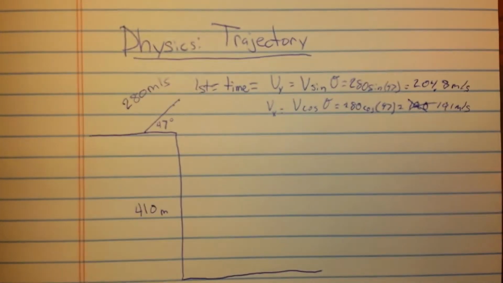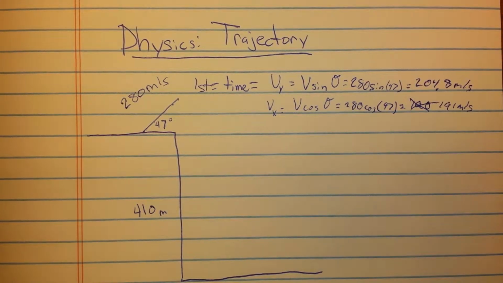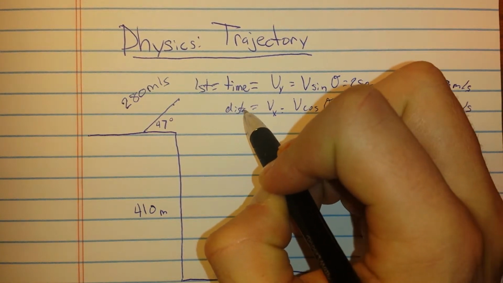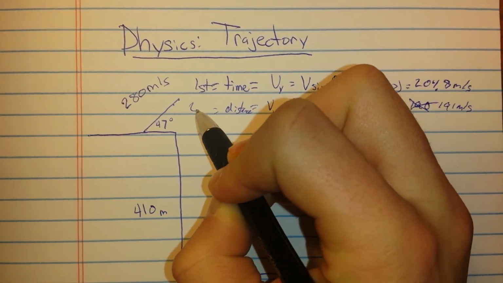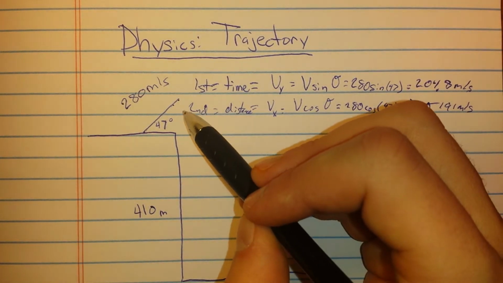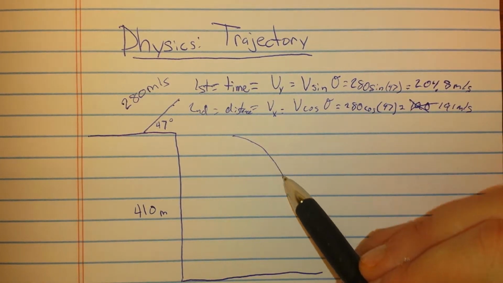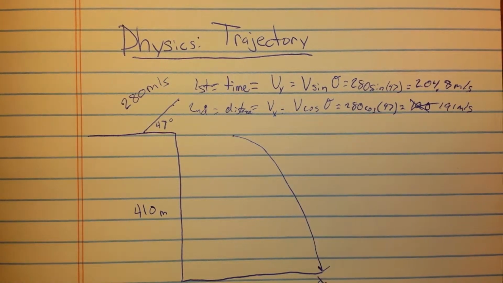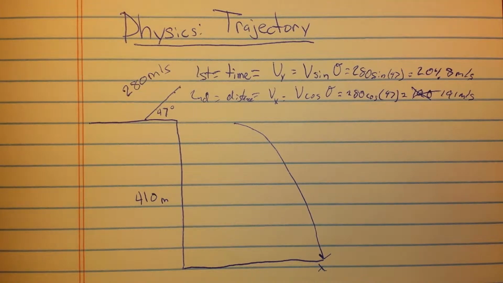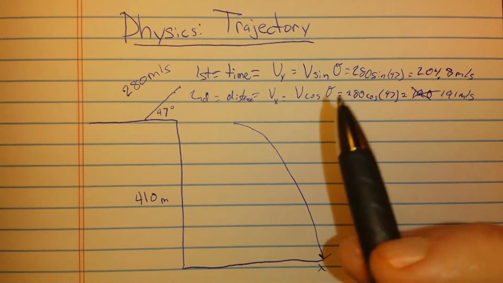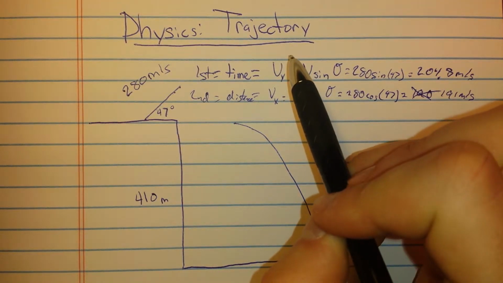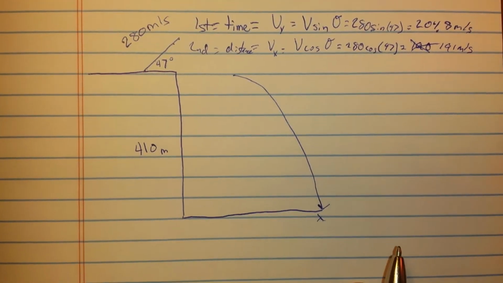You need to find your time to find your distance. For your distance, you use your horizontal velocity, and use this one second. Just imagine that the path continues down here. We're trying to find out where this hits at the bottom and how long it takes to get there. So we're going to find time first, in terms of your vertical velocity.